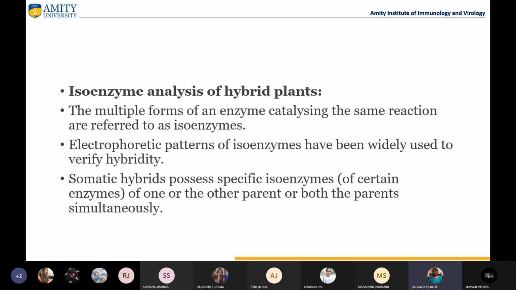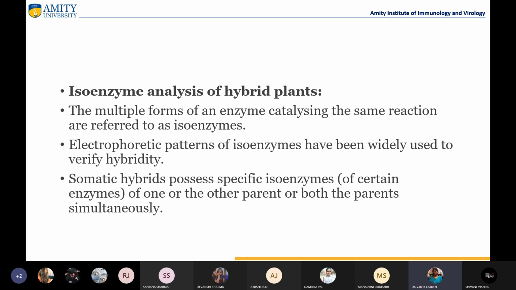So there is an enzyme analysis of the hybrid plants. The multiple forms of enzyme catalyzing the same reactions are called isoenzymes, right? Electrophoretic patterns of isoenzymes have been widely used to verify whether there is hybridity or not.